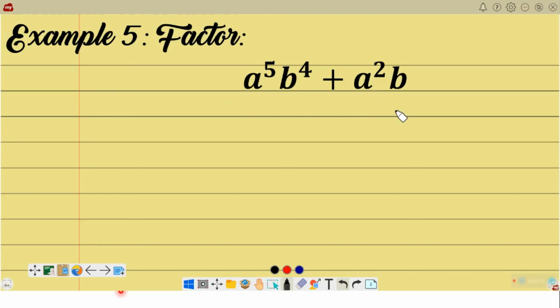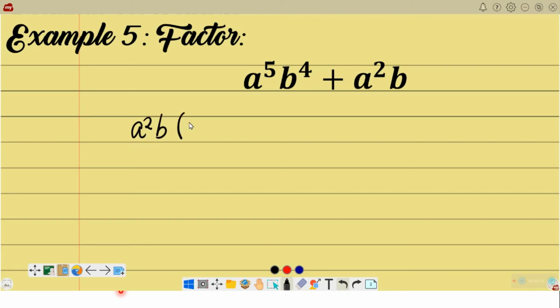We need the one with the least exponent. So, for the variable, a to the fifth power and a squared, the GCF is a squared. And then for the b, b is common, and the one with the least exponent is b.